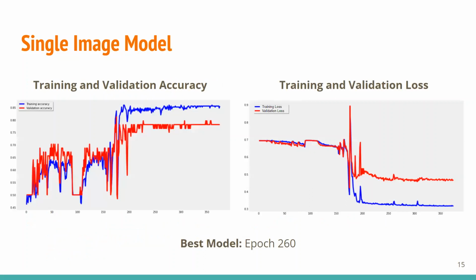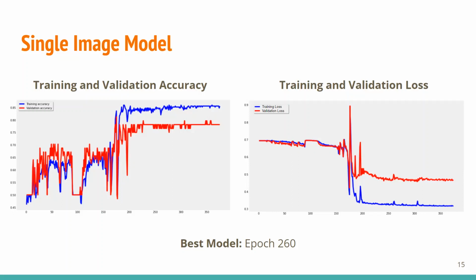These are the training and validation accuracies and the training and validation loss. You can see accuracy on the left and loss on the right. Our best model was at approximately epoch 60. You can see that it really begins to learn around epoch 200.